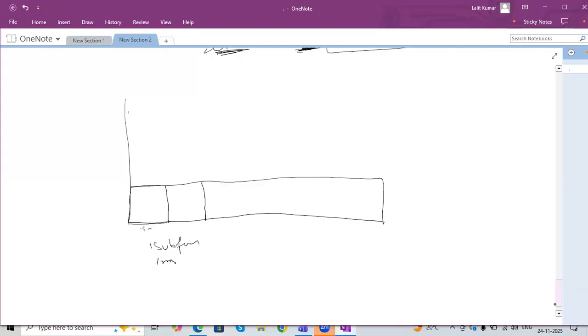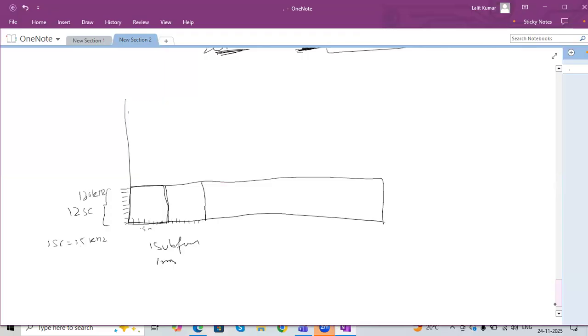Here are seven symbols plus seven symbols, so 14 symbols for one subframe. And there will be 12 subcarriers in one resource block. One subcarrier is 15 kilohertz spacing, so 15 kilohertz multiplied by 12 is 180 kilohertz.